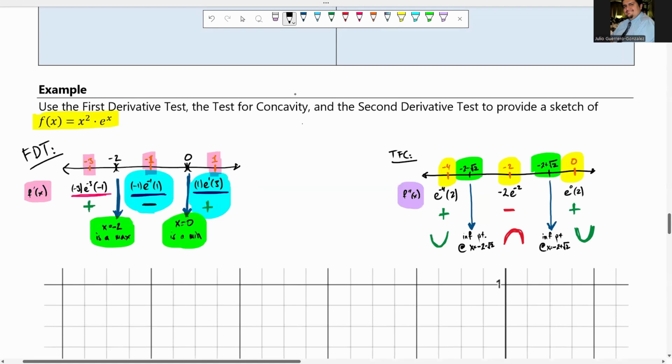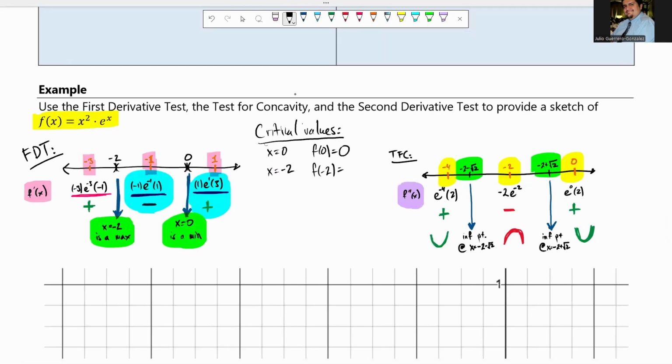I've got a couple values that I need to give you for critical values. x equals 0, x equals -2, .541.